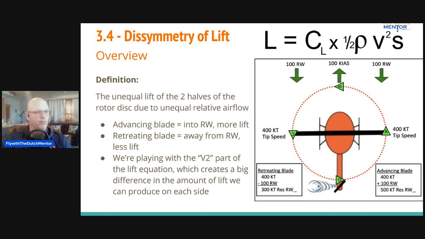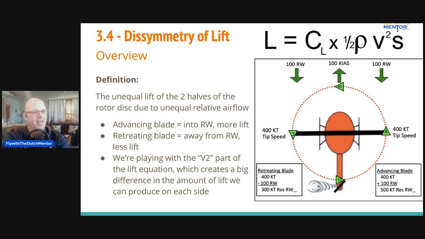So if it's going at 400 plus 100, that's 500. While on the opposite side, on the retreating blade, you have to subtract it because the blade is going backwards, right? It's retreating, so the trailing edge is facing forward, and it is spinning away from that. So it's 400 minus 100, and having only 300 knots.